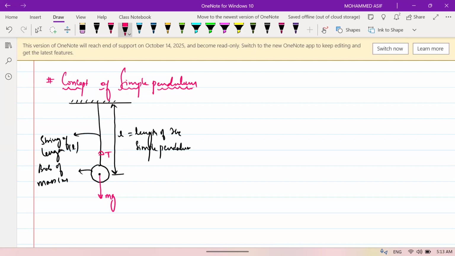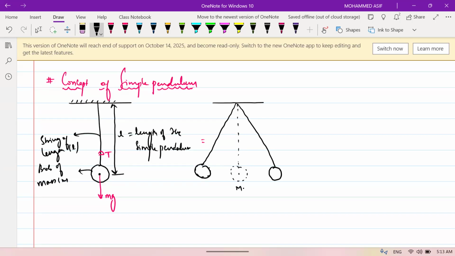Okay. Now when I displace the body slightly from the mean position, this was the initial length. I'm displacing this body to this position. This point is known as your mean position.